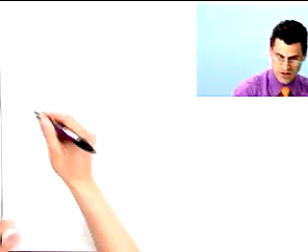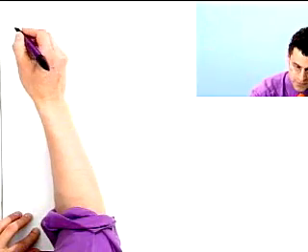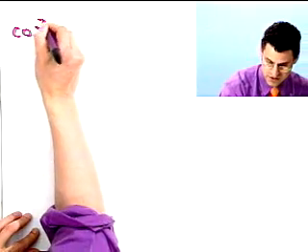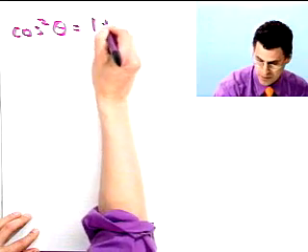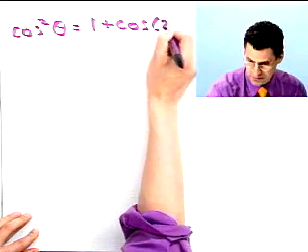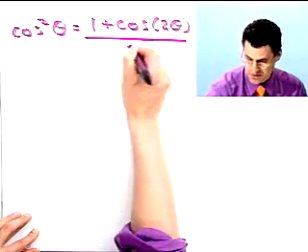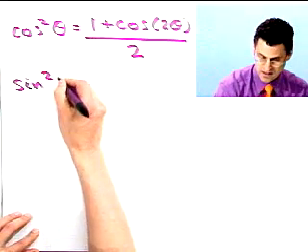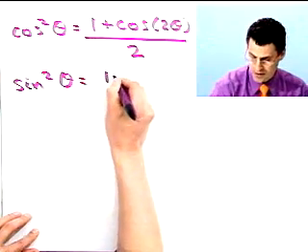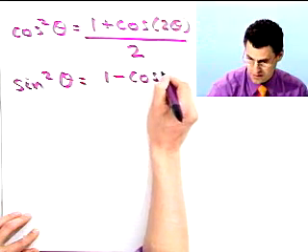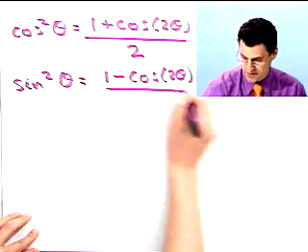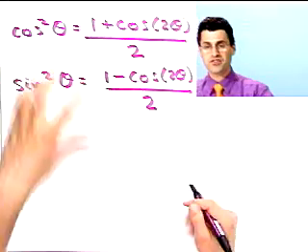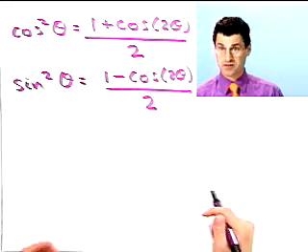They just came from those double angles: cosine squared theta equals 1 plus cosine of 2 theta, all divided by 2. And solving the other equation, which you can just do yourself, we get sine squared theta equals 1 minus cosine of 2 theta, divided by 2. So these allow us to reduce the powers of expressions when they get out of hand.